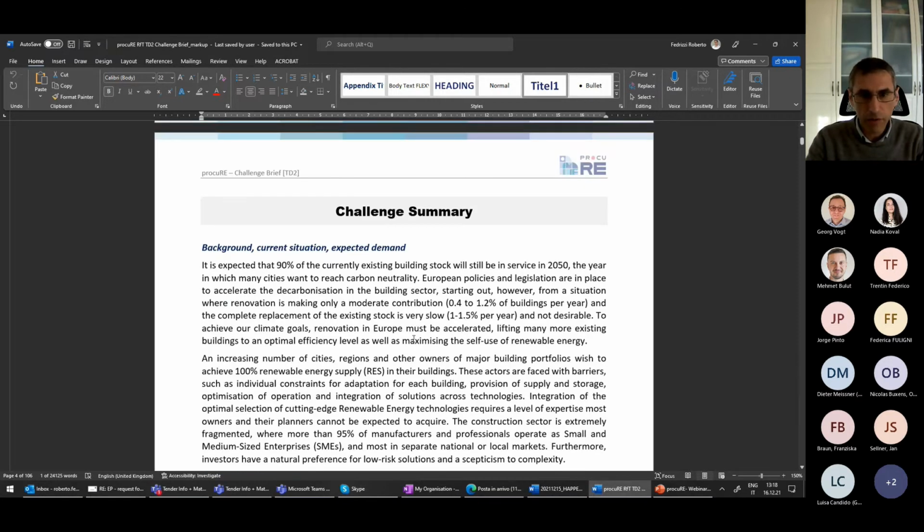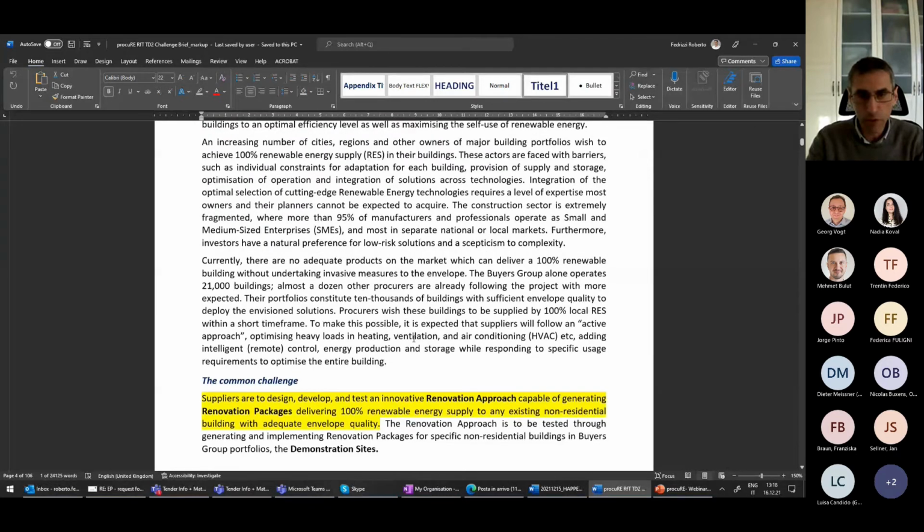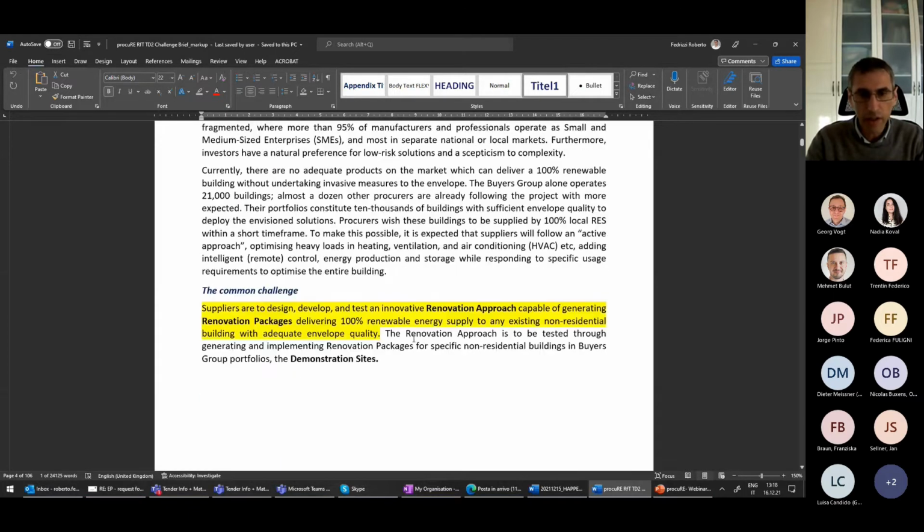After an initial background explanation of why we want to go through retrofit of public buildings, probably none of you need any further insight into why, we introduce the common challenge.